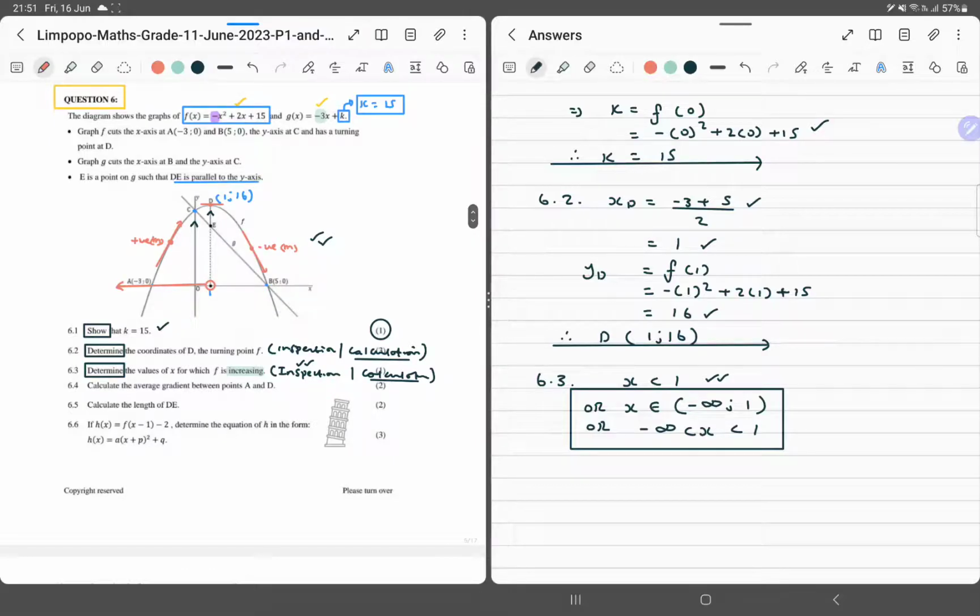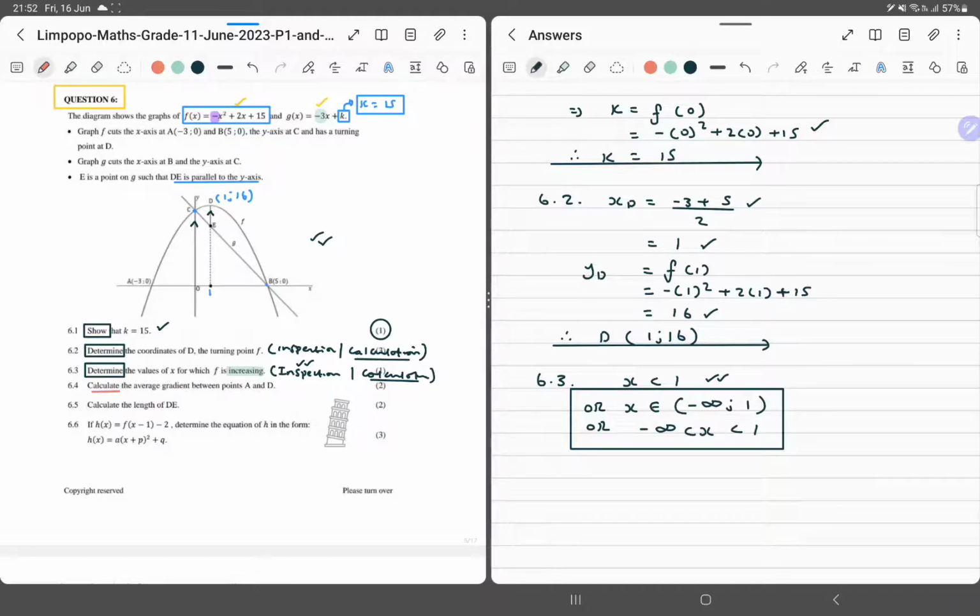So let's look at 6.4. It says now calculate. Here you can't be showing up with just an answer: the average gradient between points A and D. Let's remove these ones because they were a means to an end, and when we are done working with them, we don't need them anymore.